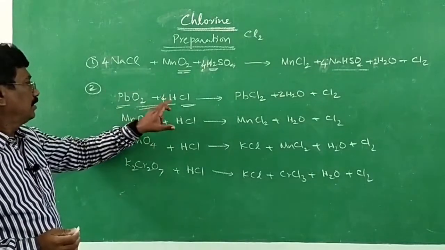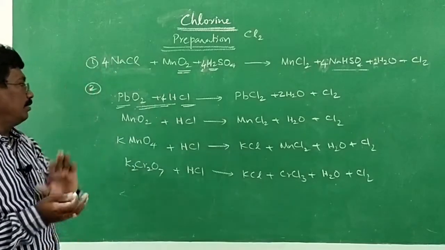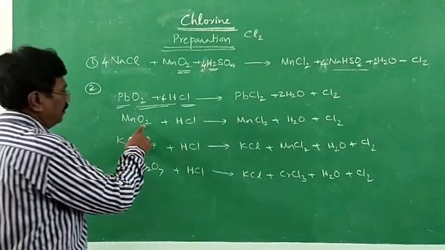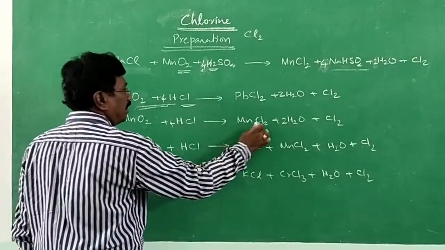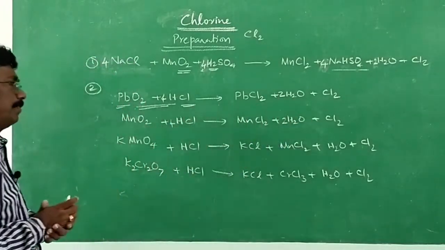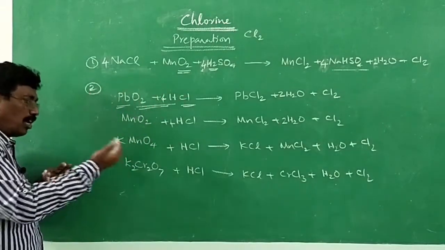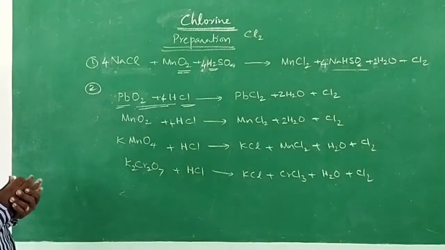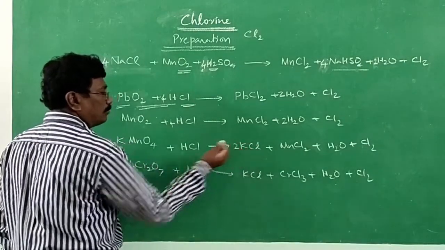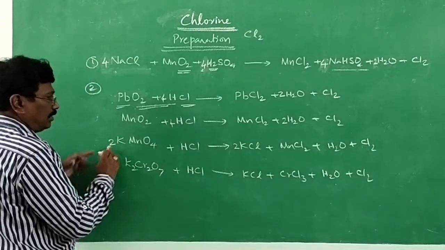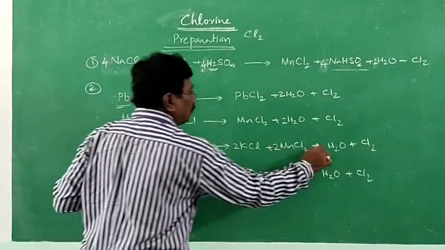PbO2 plus 4HCl gives PbCl2 plus 2H2O plus Cl2. Same thing. 2, 4, 4. 2 Cl here, 2. Balanced equation. Here, since we have got one more compound extra, the balancing may be a little bit difficult, but not so difficult. Chlorine should be in even number, therefore 2 KMnO4. 2 MnCl2. 8 oxygen, 8 H2O.